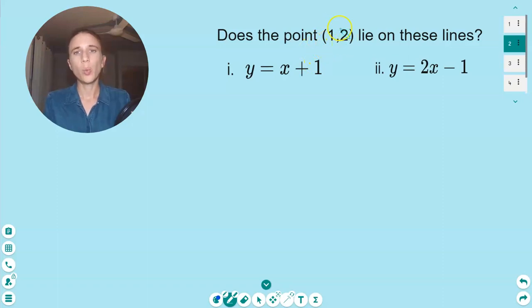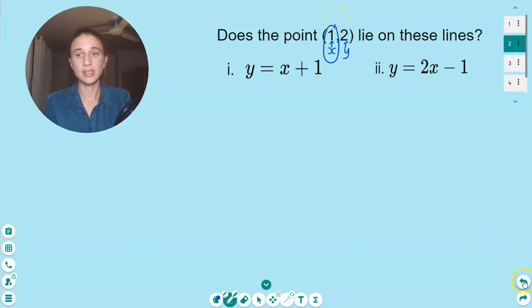All right, when we're given a pair of coordinates, straight away label them underneath X, Y. Okay, now we are going to check. It's a little bit different, these ones. So we are checking if when we substitute in X is 1, do we churn out Y equals 2?